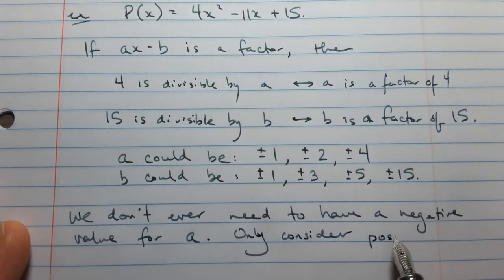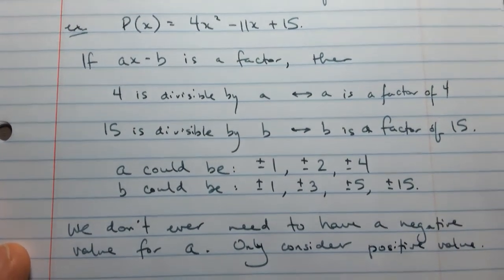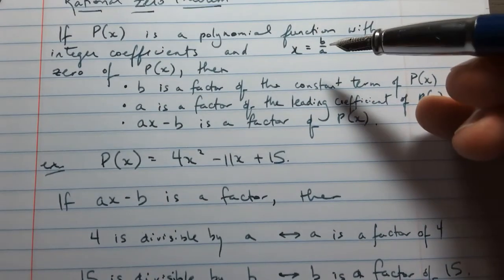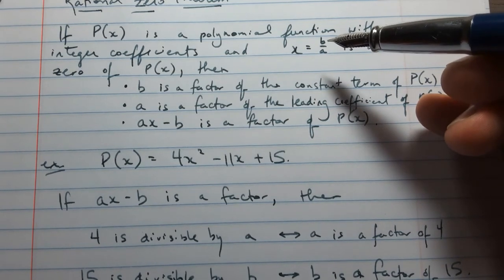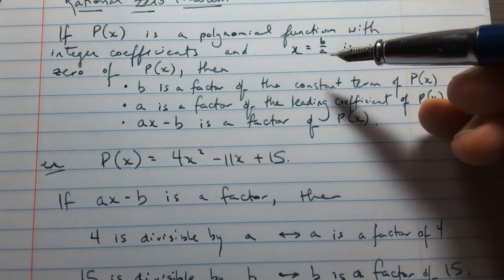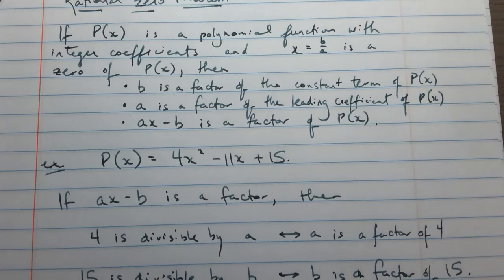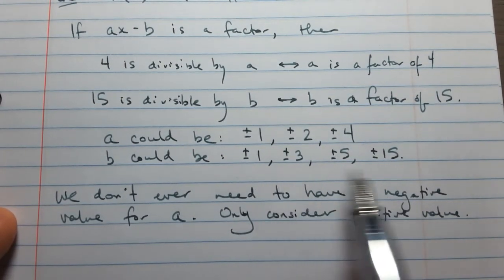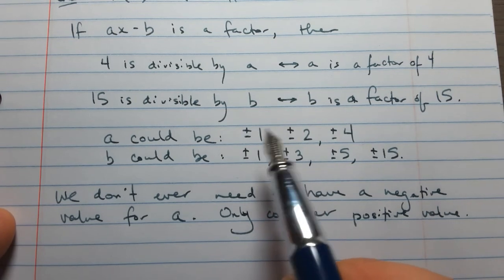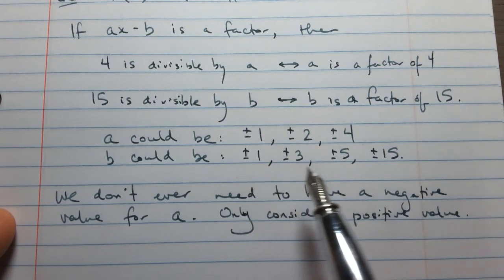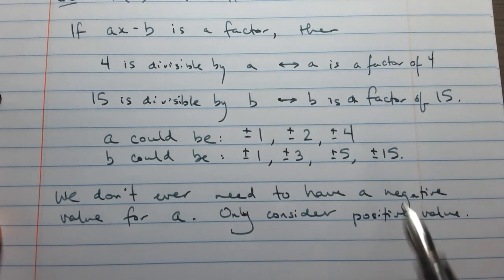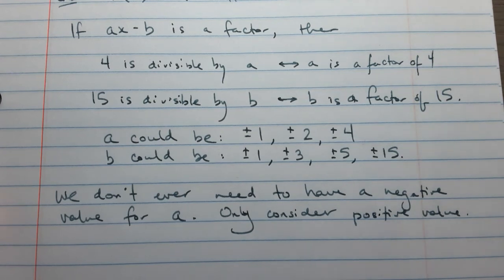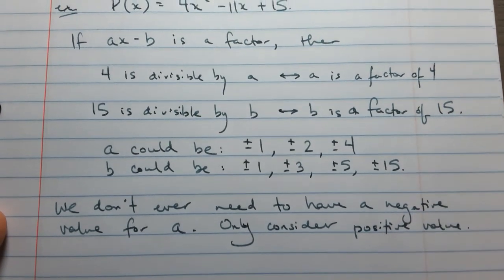So only consider positive values, because if we have that fraction style way of thinking about it, b divided by a, if you had a negative on the top, you don't need to put a negative on the bottom. That'd be the same as them both being positive. So you only need to have one set of these, including all of its pluses or minuses. So this could be 1, 2, 4, and then all of the plus or minus versions can come down here. So those are all the possibilities that you would need to consider.